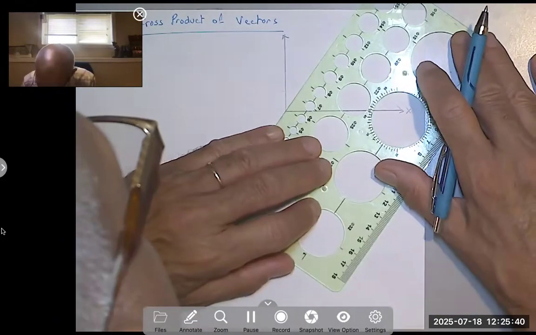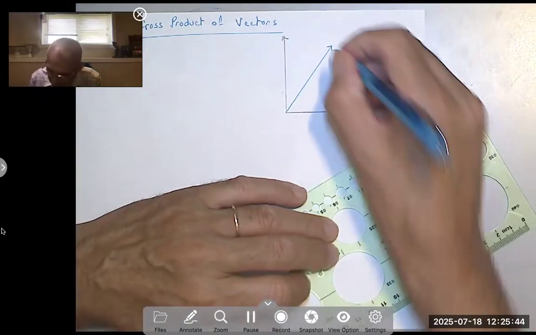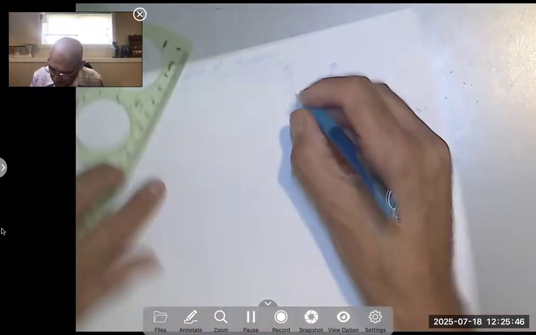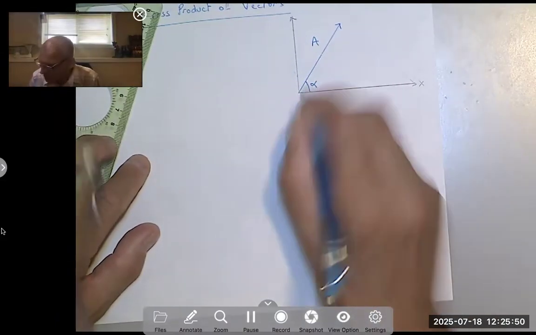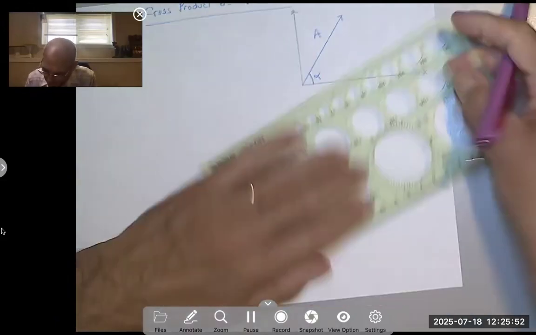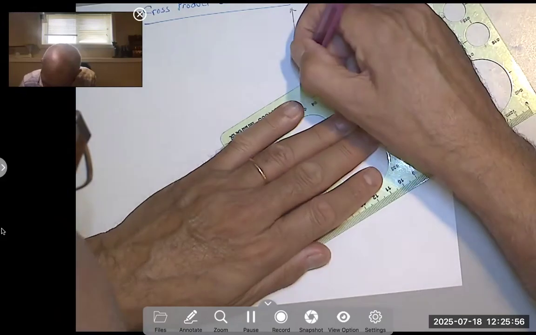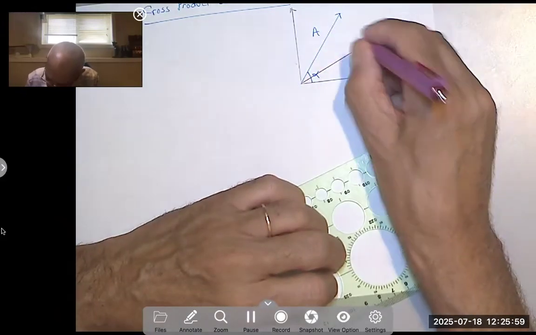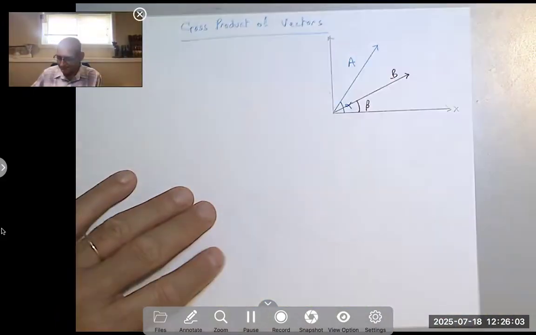I'm going to call the first one, like we did with the dot product, let's say V1 or A, just A, that makes an angle of alpha with the horizontal. And the other one would be B, that makes an angle of beta with the horizontal.